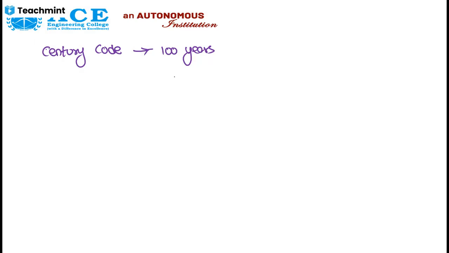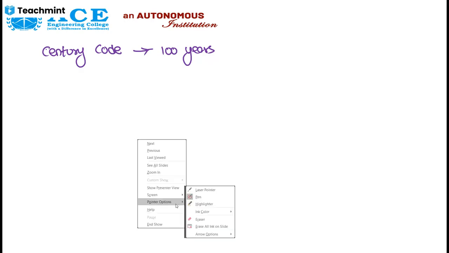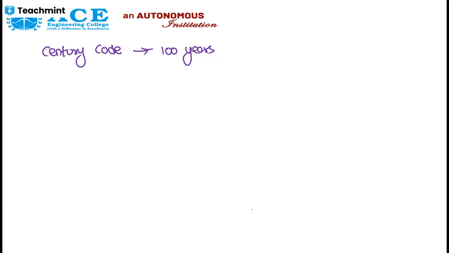For 100 years, only one code, and you can easily remember it as even numbers decreasing from 6: 6, 4, 2, 0, again 6, 4, 2, 0, again 6, 4, 2, 0. Like that it will keep on repeating. This is for one century, 100 years.